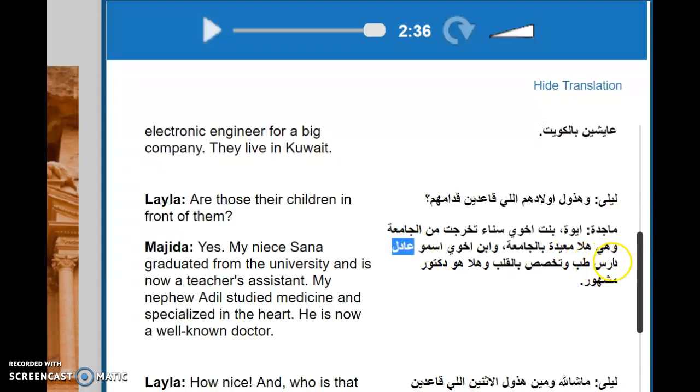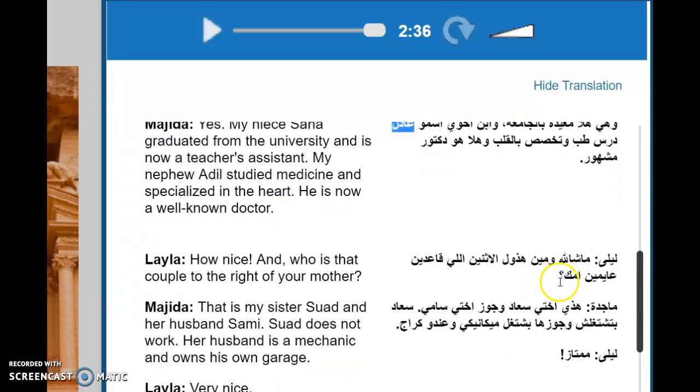His name is Adil. درس طب. He studied medicine. وتخصص بالقلب. And he specialized, form 5 verb, in the heart. وهلأ هو دكتور مشهور. And now he is a famous doctor.